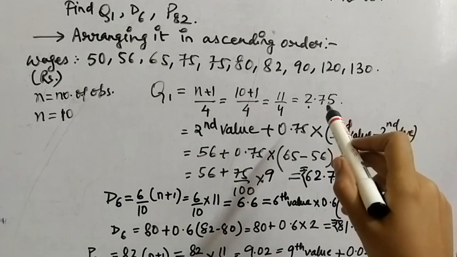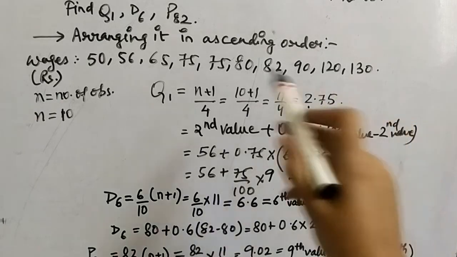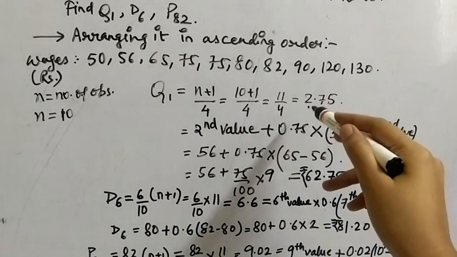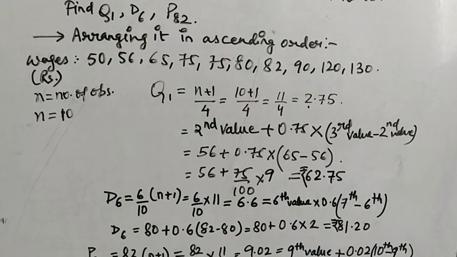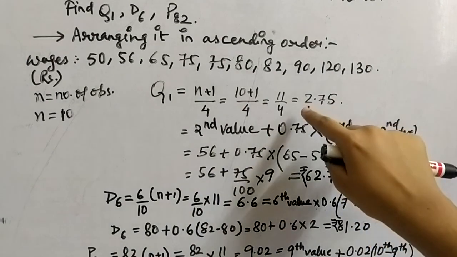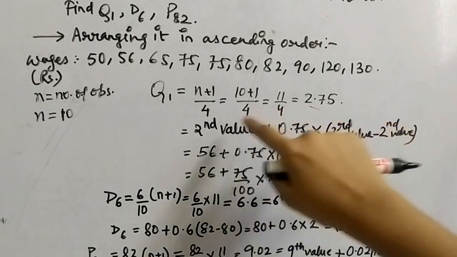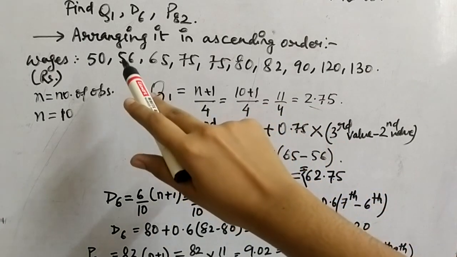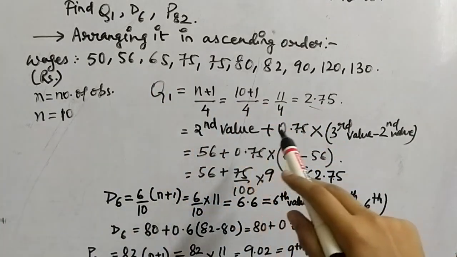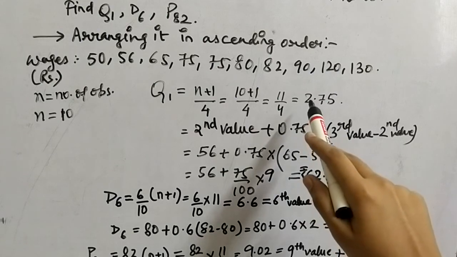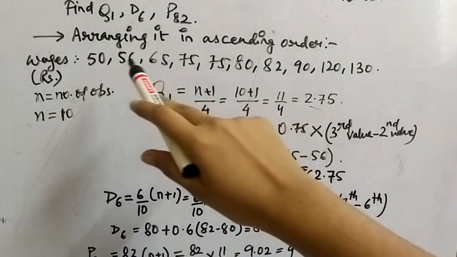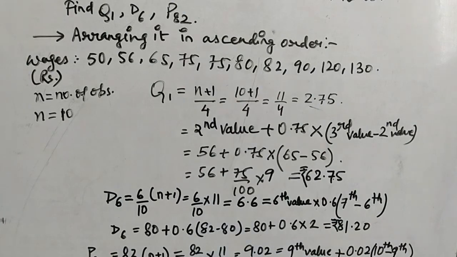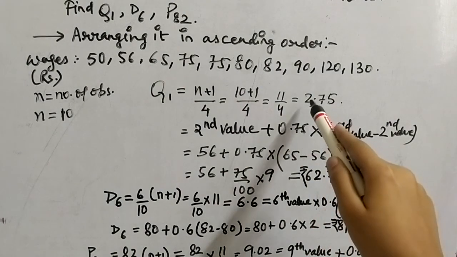Now you don't have this value in the data, correct? So you need to convert it in terms of these values, right? So 2 is nothing but the second value, okay? The second value is 56. Now in order to find out the proper value for quartile number 1 among these data, you need to multiply this 0.75.